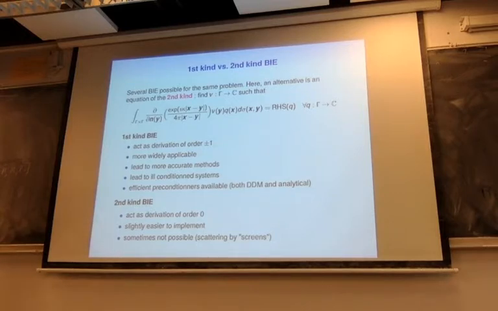But sometimes you cannot write an integral formulation of second kind. So, for example, scattering by very thin objects like screens that you encounter in electromagnetics. You cannot derive an integral formulation of second kind for this type of problem.